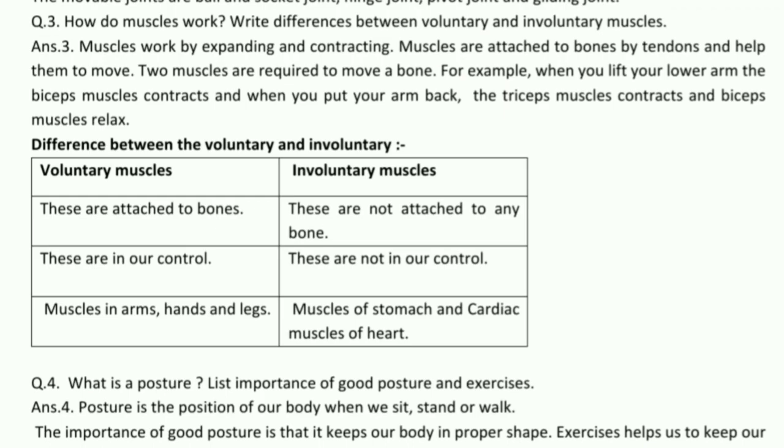Involuntary muscles are not in our control. Muscles in arms, hands and legs are examples of voluntary muscles, and muscles of the stomach and cardiac muscle of the heart are examples of involuntary muscles.